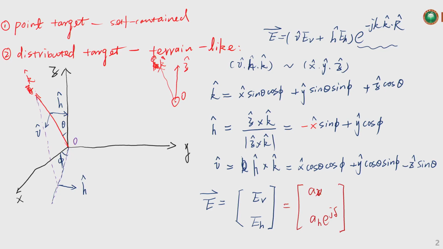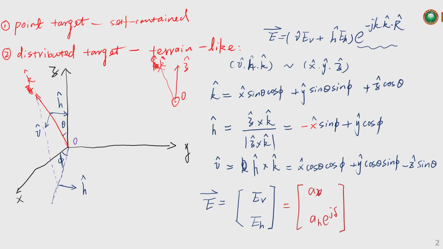So we get the expressions for the electric field, where AV or AH equals the magnitude of EV or EH.